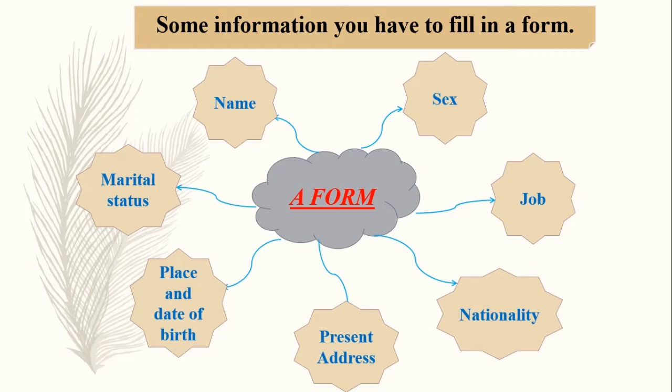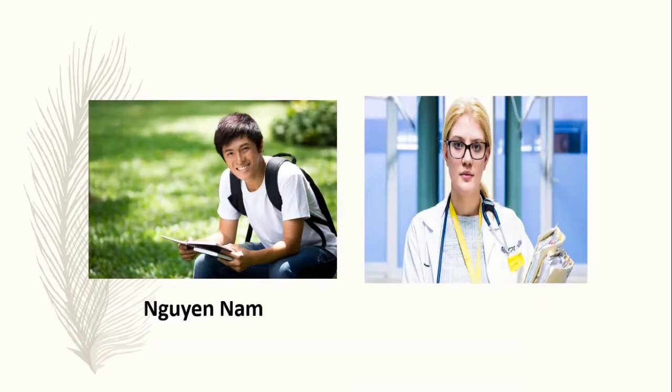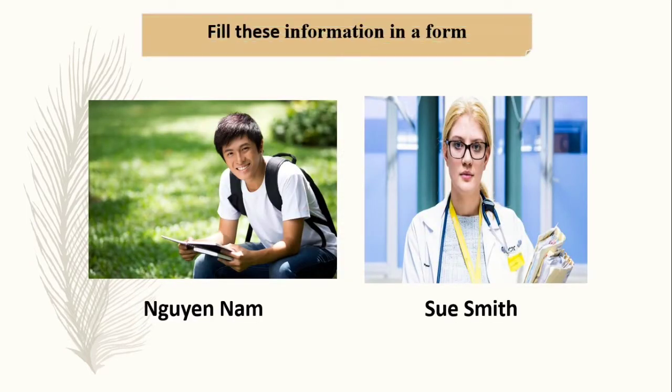We have two people here. On the left is a boy named Nguyễn Nam, and on the right is a woman named Sue Smith. Now we will learn their information through a form. Alright?